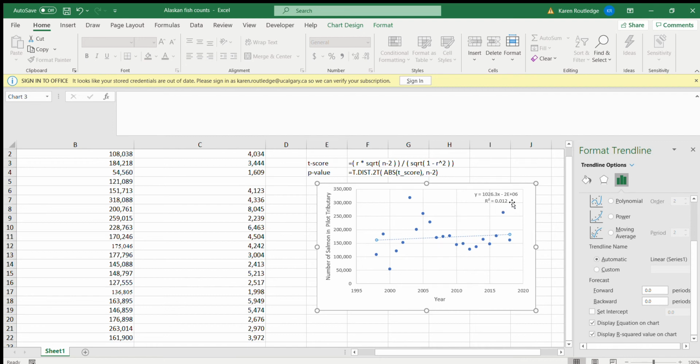This, expressed as a percentage, so 1.2% in this case, describes the amount of variation in the y that can be explained by variation in the x. So as we move across in years, that change in year only explains 1% of the change in y.